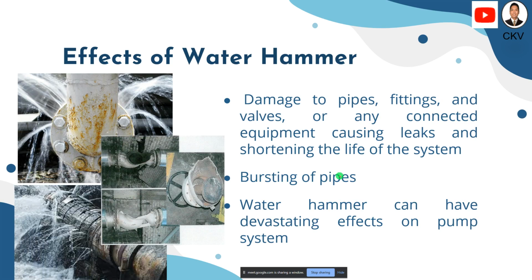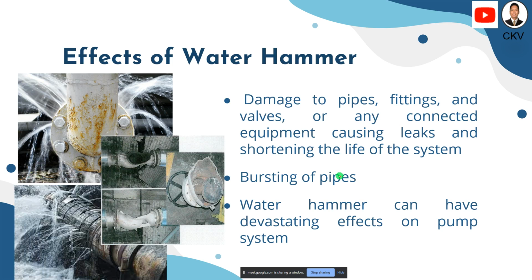So here are some sample pictures of the damage caused by water hammer. There's bursting of pipes, there's leakage along the pipeline, and we don't want that to happen on our project or on the structure that we are building.